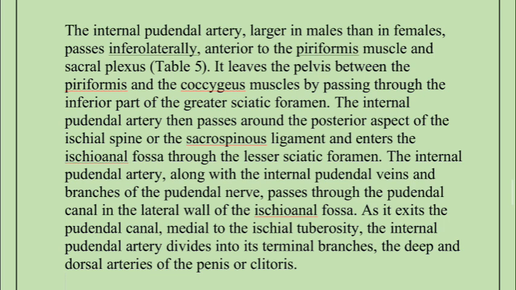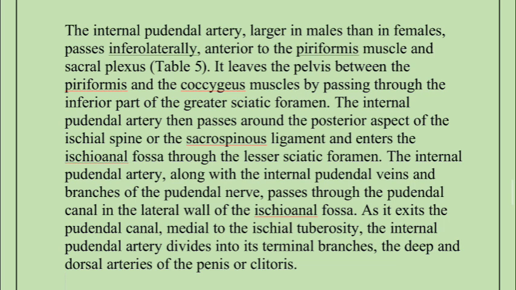It leaves the pelvis between the piriformis and the coccygeus muscles, by passing through the inferior part of the greater sciatic foramen. The internal pudendal artery then passes around the posterior aspect of the ischial spine or the sacrospinous ligament, and thereafter enters the ischioanal fossa through the lesser sciatic foramen.